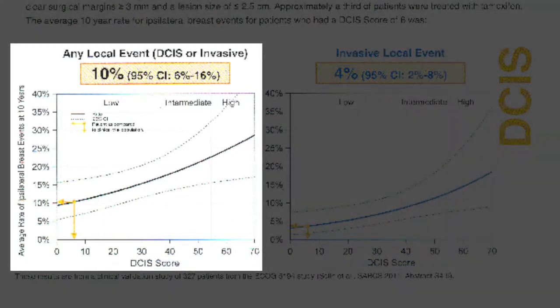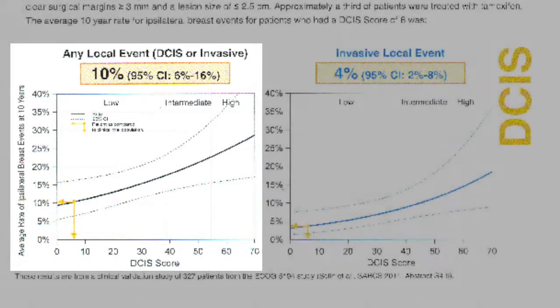And the curve that you see going up is a curve of the increasing biology of in situ breast cancer. The higher the curve goes up, then the more potentially aggressive the DCIS is. And just like with the invasive cancer, we get a low risk recurrence score, an intermediate risk recurrence score, and a high risk recurrence score.